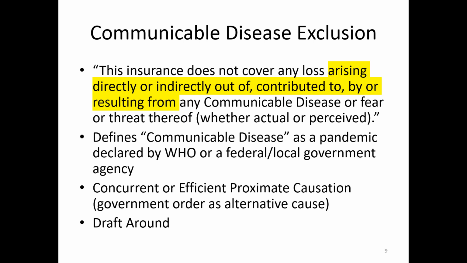The language in yellow is an example of anti-efficient and anti-concurrent causation proximate cause language, where they attempt to avoid those doctrines, and there are mixed decisions on whether that draft-around actually works. So it really depends upon the jurisdiction you're in whether that's going to apply.